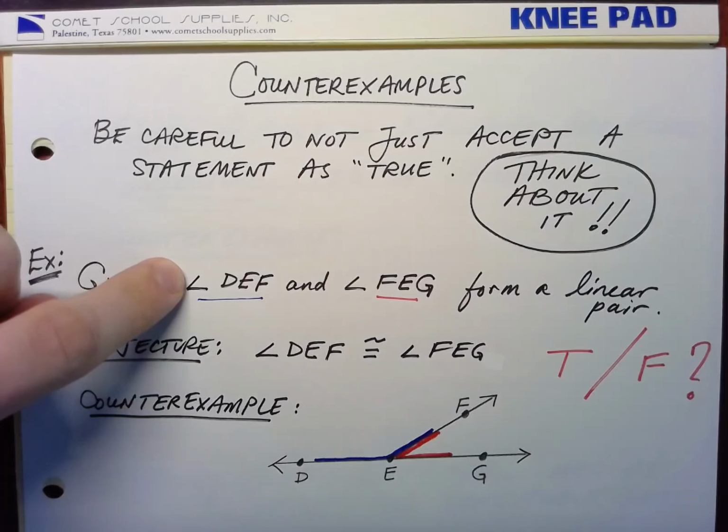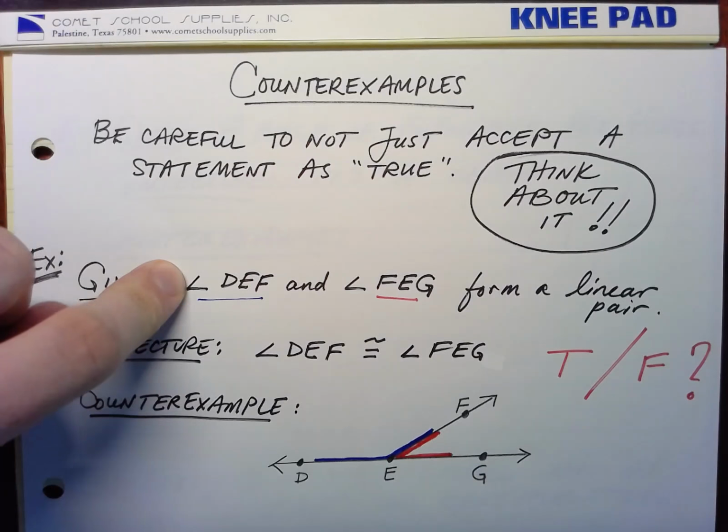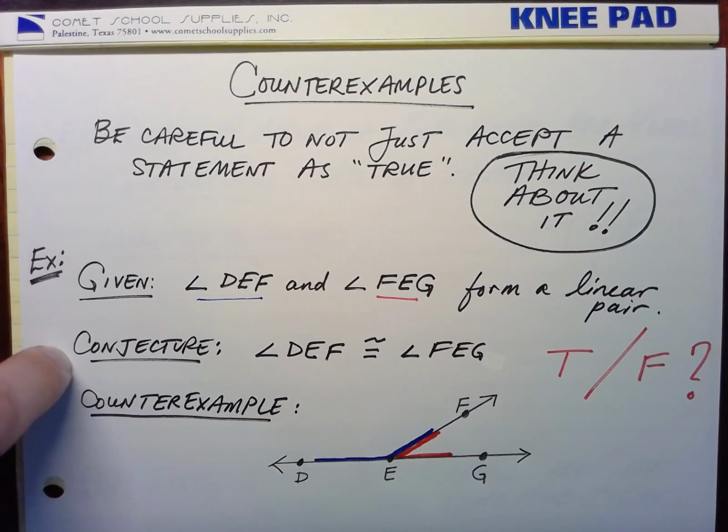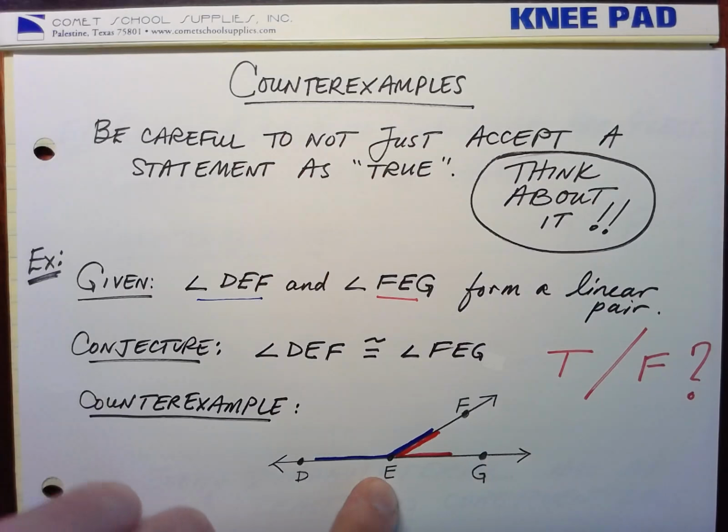So the given is satisfied, and remember, the given is assumed to be true, so we're not questioning it, and we construct it so that the given is true. Now, the conjecture is that the two angles are congruent. Well, is that the case here? No. By no means are these congruent.